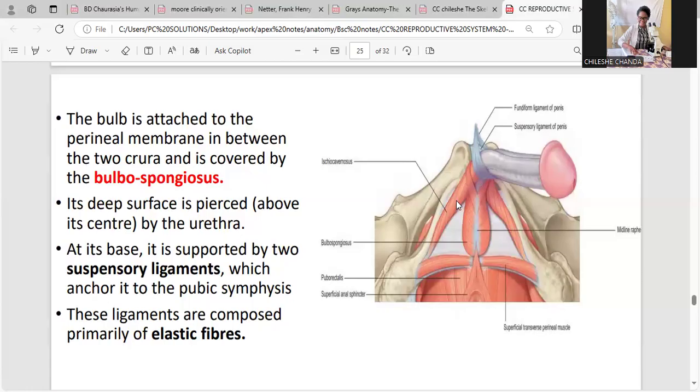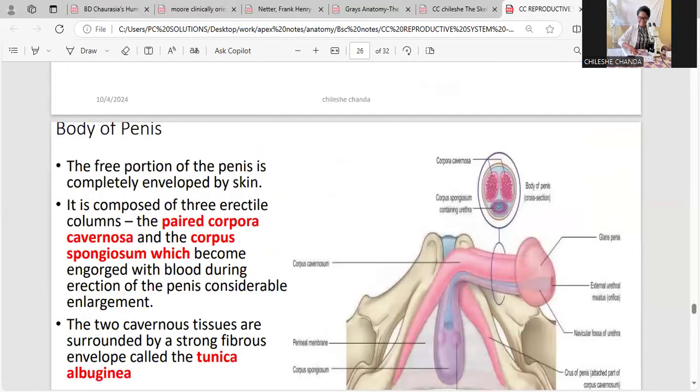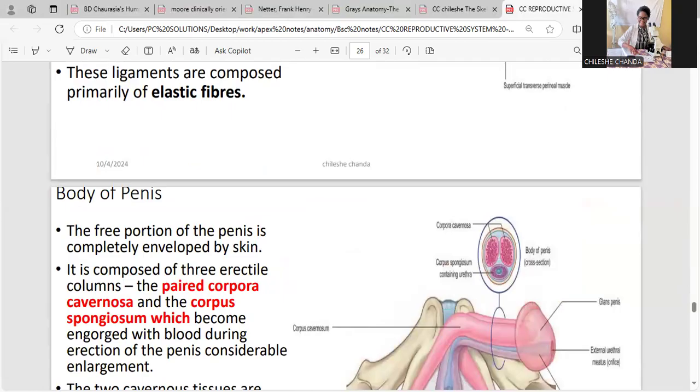Behind the penis, this is what we're talking about when we talk about a crus and a crus, and these are covered by the ischiocavernosus muscles, and this one being the bulb covered by the bulbospongiosus. That is the anatomical make of the root of the penis.